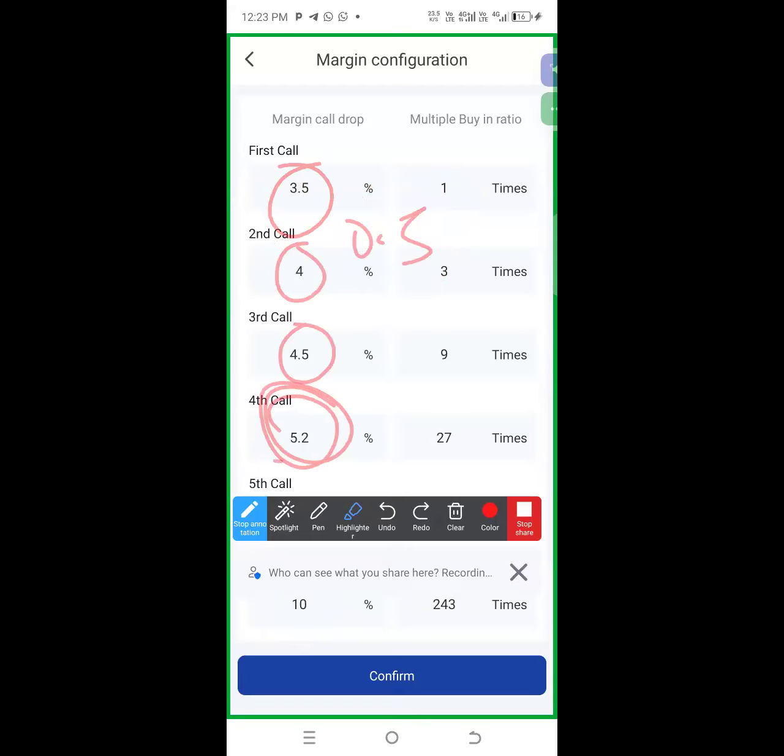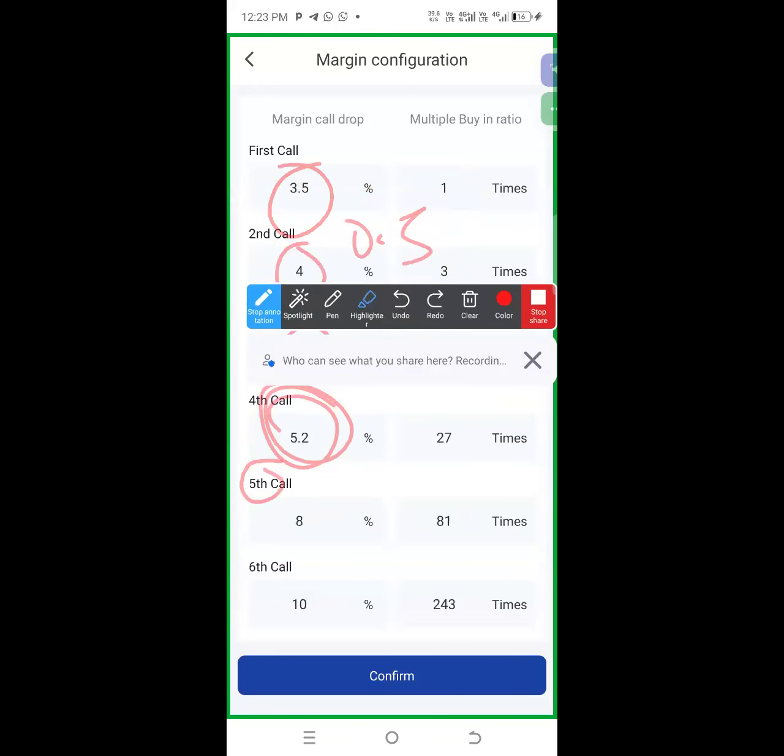But from the fifth to your last call, why must it be wide? Because you are going to buy them at a higher price or a huge price. Look at it, 81 times, 27 times, and then also 243 times. Looking at this, you realize that the price must be very low.